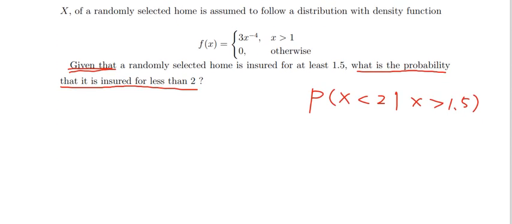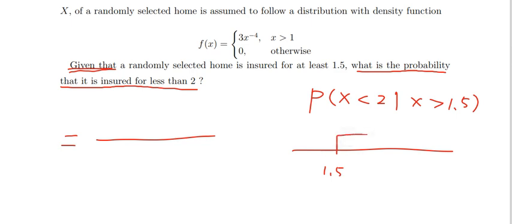So there's a change here. We started at 1.5, and we already know that, so we just consider this part. x actually starts from 1, right? But we forget this part because by now we already know x is at least 1.5.